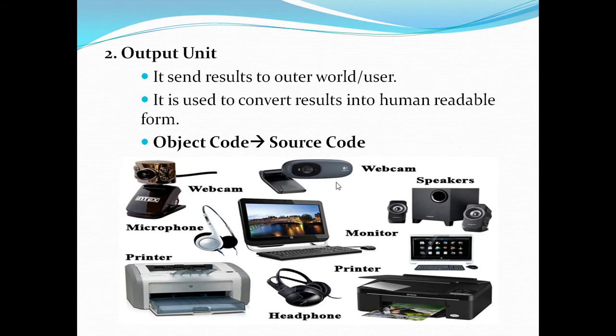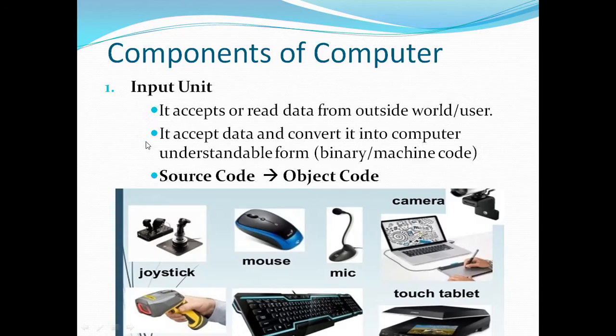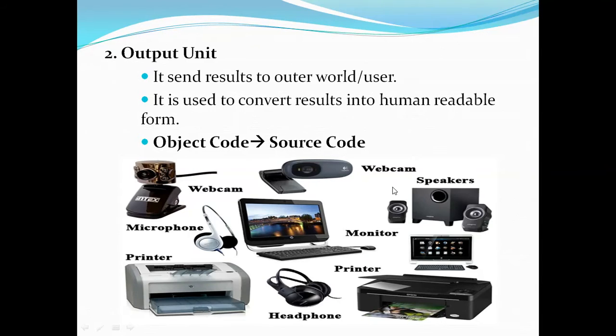Similarly, we have the second component, which is the output unit. It sends results to the outer world, and it is also used to convert the result into human readable form. See, the input devices have converted the source code into object code, that is machine code. The computer has processed the instructions in the machine code itself.